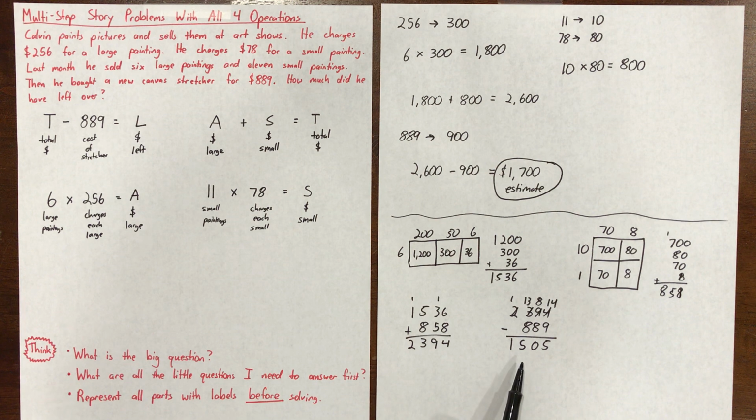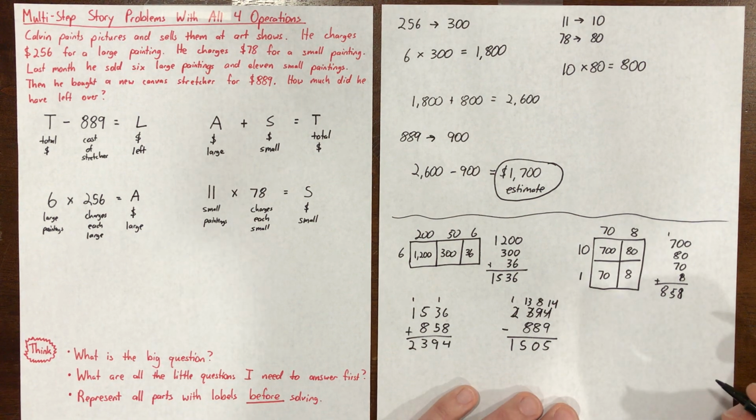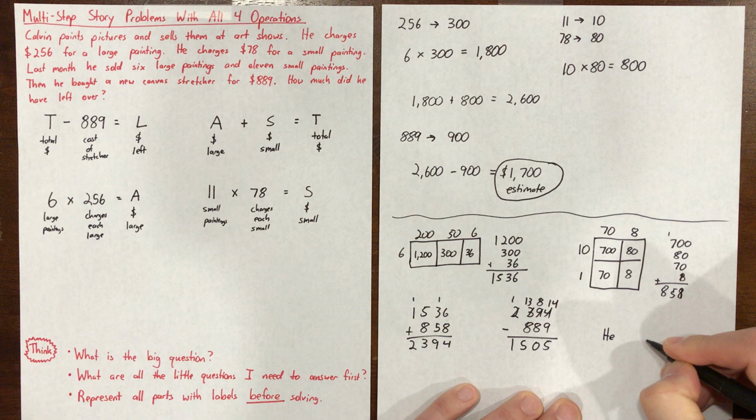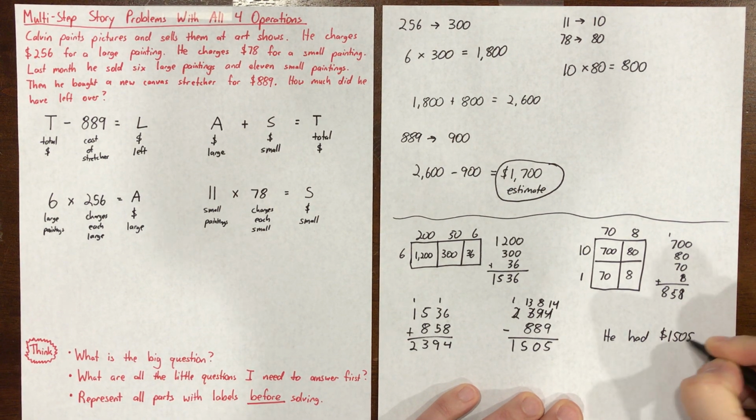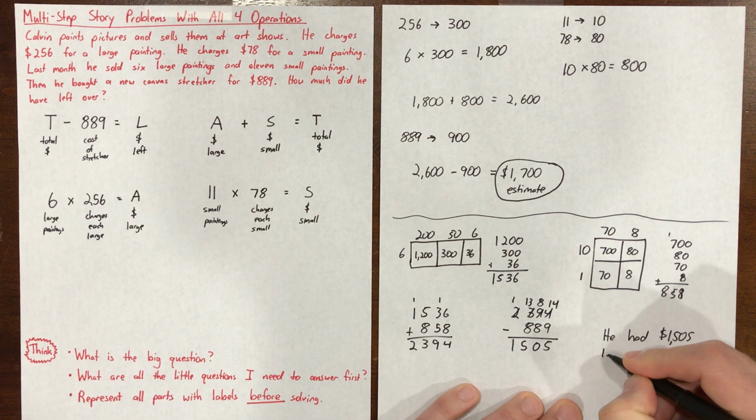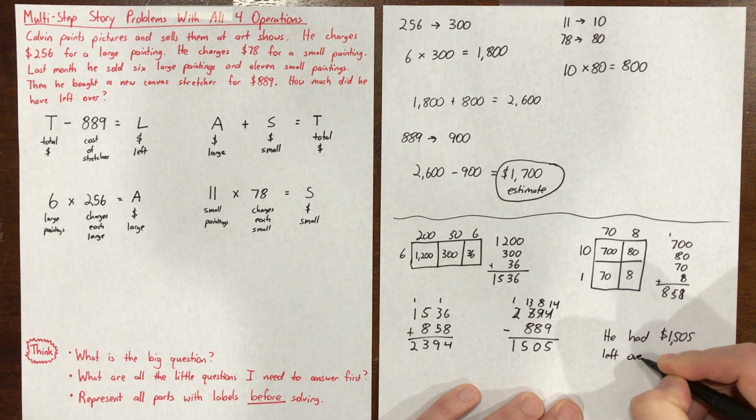And 1,505 is less than what we found to be the total amount that he made of 2,394, which also tells us that would be an answer that would make sense. So he had $1,505 left over.